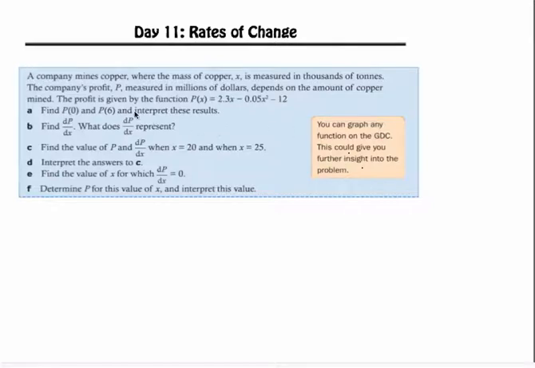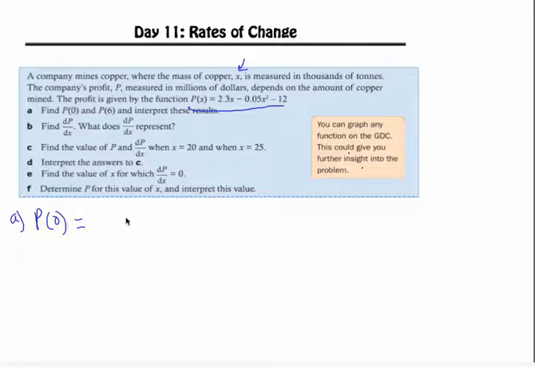Okay, next example. So you can also do this kind of thing for a company's profit. So the profit of a company is given by this function. We're going to find P0 and P6 and then interpret the results. So P0, this is a function of profit given a mass x of copper that is mined.